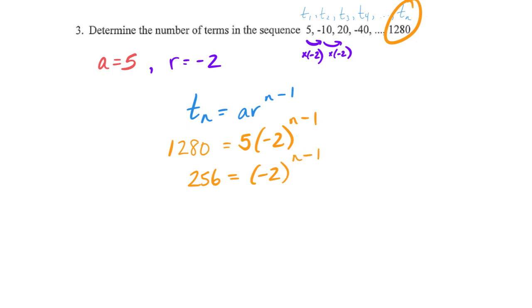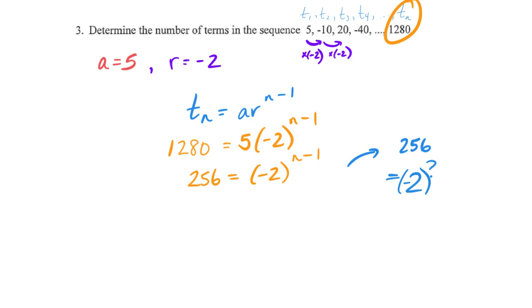Okay, my variable's still up in the exponent. The way I'm going to get it out is I need a power equal to a power where the bases are the same. So I need to somehow figure out a way to write 256 as a power base 2. Specifically, negative 2, because you look at the right side.